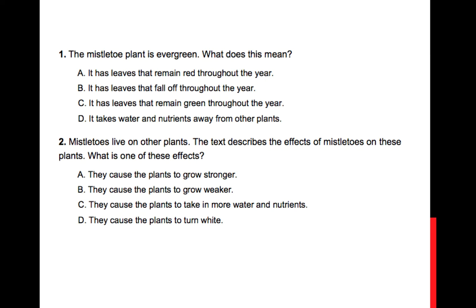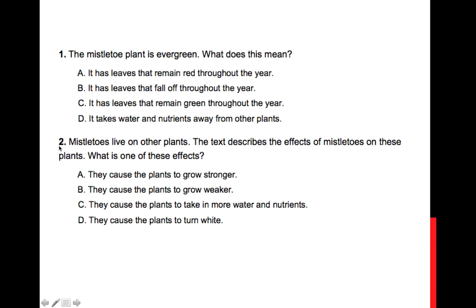And at the end, I will go over the correct answers. The first question, the mistletoe plant is evergreen. What does this mean? A, it has leaves that remain red throughout the year. B, it has leaves that fall off throughout the year. C, it has leaves that remain green throughout the year. D, it takes water and nutrients away from other plants. Pick your answer, A, B, C, or D.